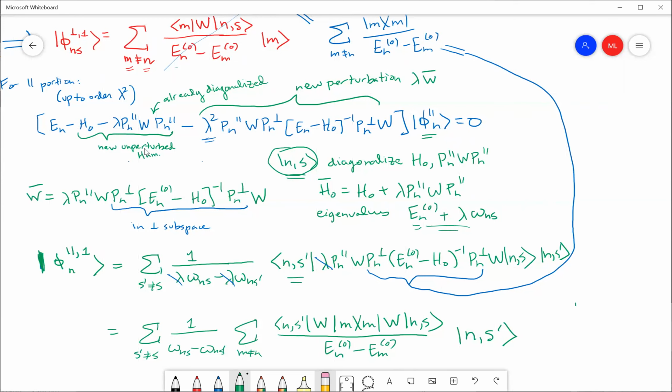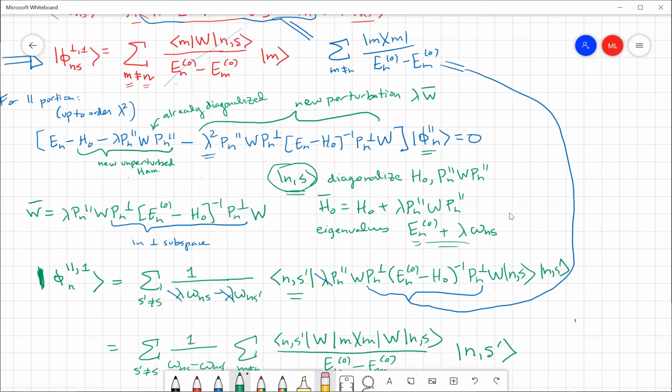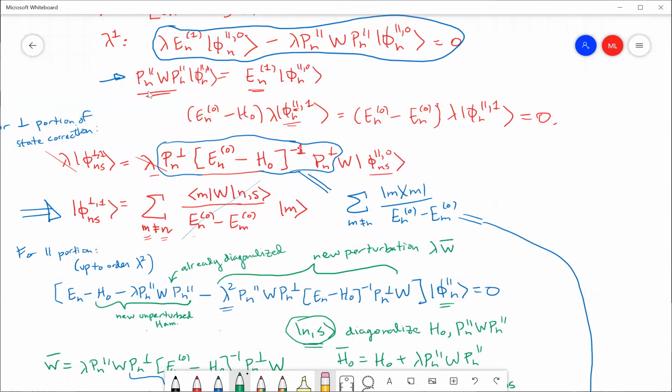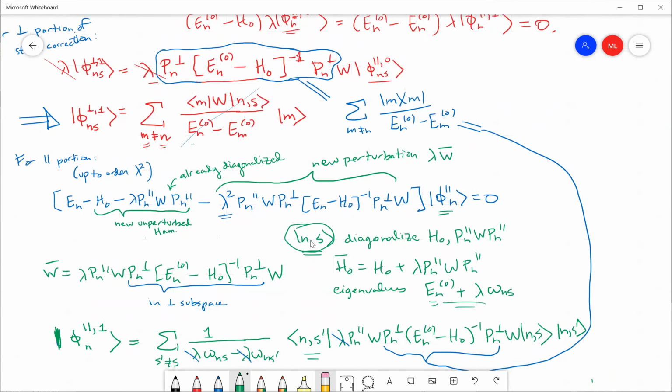And why? Because we know that the first thing to do when we studied the corrections to the energies is that we're going to diagonalize that part anyway. So we can just group it together with our original unperturbed Hamiltonian, and we already know what the eigenvalues and eigenvectors are. The eigenvectors are whatever diagonalizes W, and the eigenvalues are the unperturbed energies plus lambda times the eigenvalues of W. All the rest of this stuff is going to be our new perturbation.